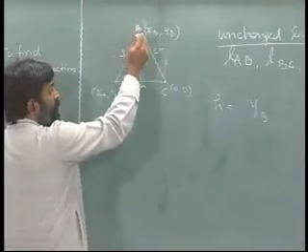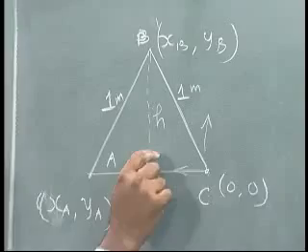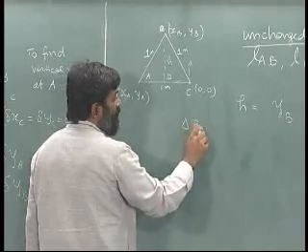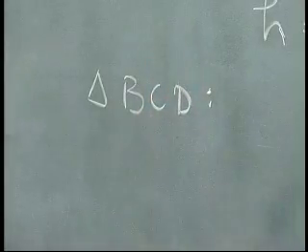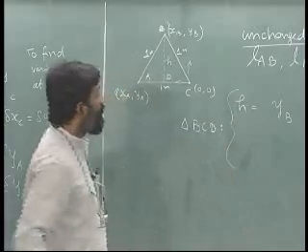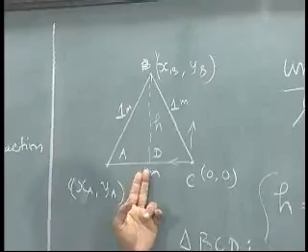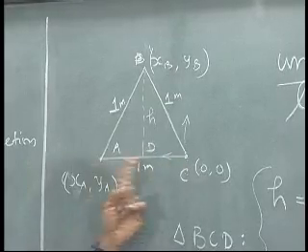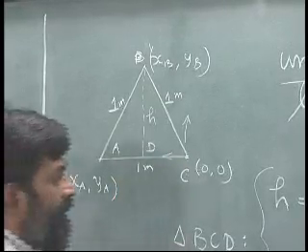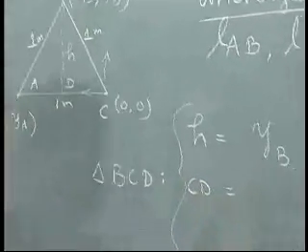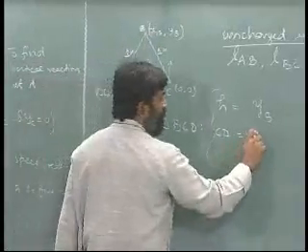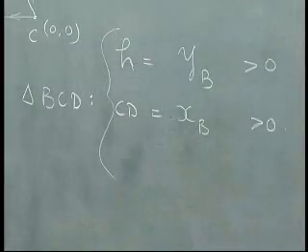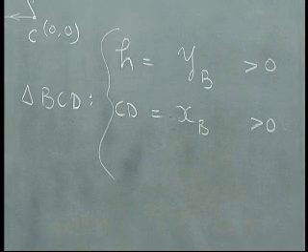Let me call this right-hand side point D, so I am looking at the triangle BCD. yb is a positive value, please remember this is the direction yb. And this length CD is equal to xb, greater than 0. Clear?